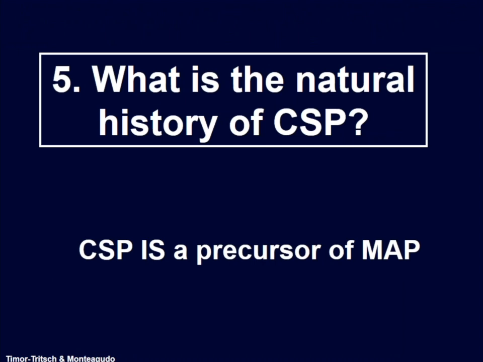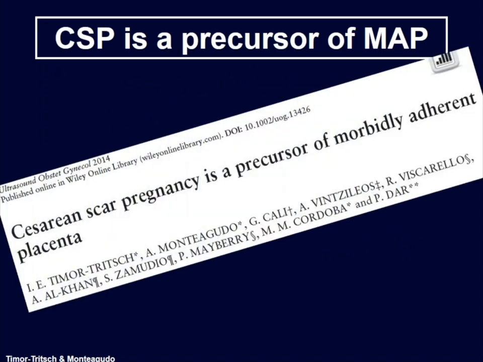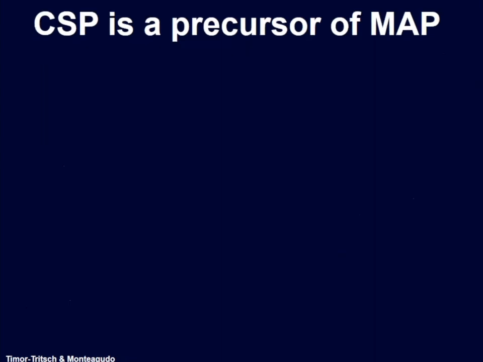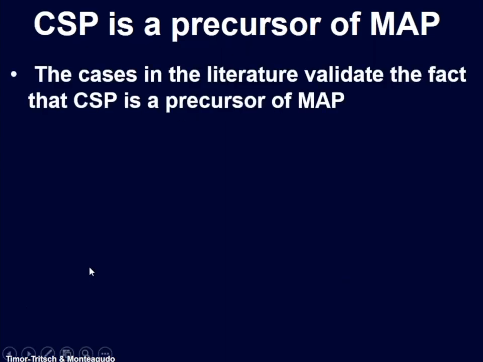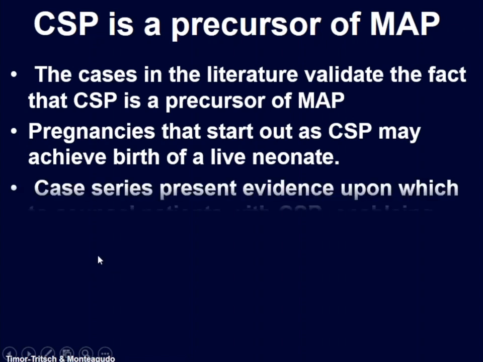Well, I already said that scar pregnancy is a precursor of morbidly adherent placenta, and the second article that we published is a proof of it, and very clearly shows in presenting 10 cases of scar pregnancies which morphed into morbidly adherent placenta. The cases in the literature validate the fact that really scar pregnancy is the precursor of a morbidly adherent placenta. Pregnancies start out with a scar pregnancy, but they may achieve a live birth.